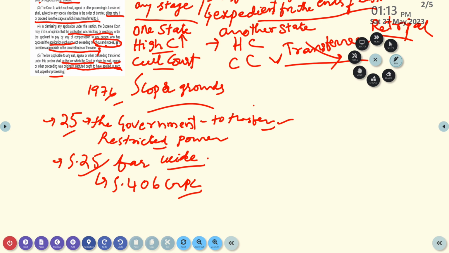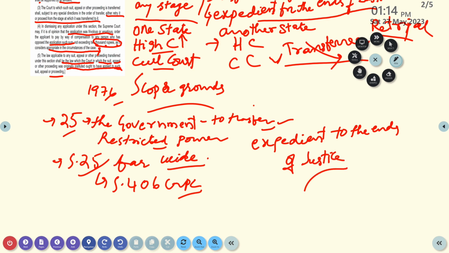So now we come to scope. One phrase we have: expedient to the ends of justice. That is the condition to be satisfied by the Supreme Court.